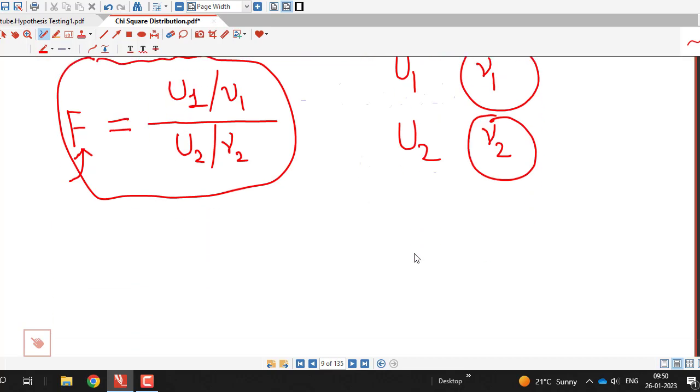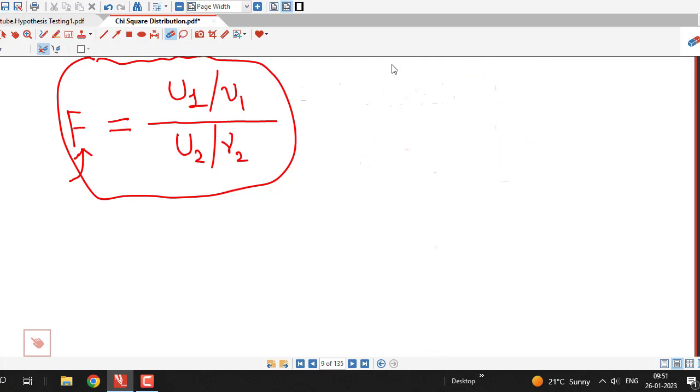So in F distribution we have two degrees of freedom: numerator degrees of freedom denoted by nu1 and denominator degrees of freedom denoted by nu2. The graph of F distribution is similar to chi-square distribution. We are familiar with the graph of the probability density function of chi-square distribution.